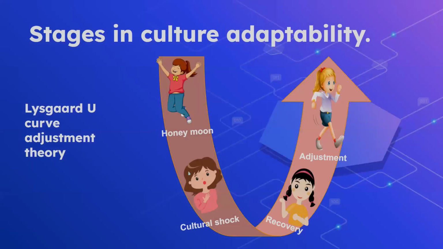To explain this, here is the U-curve adjustment theory. According to this theory, immigrants' experience in foreign nations can be divided into four categories named honeymoon, crisis, adjustment, and biculturalism. During the honeymoon period, people feel excited about being in a new culture.